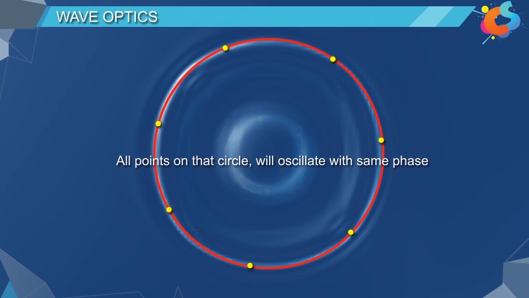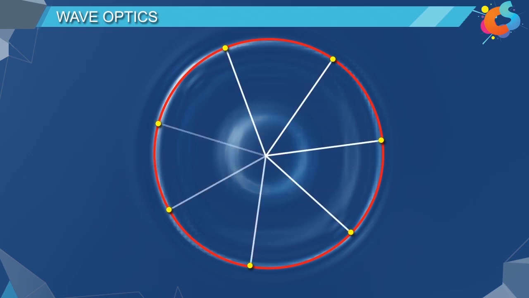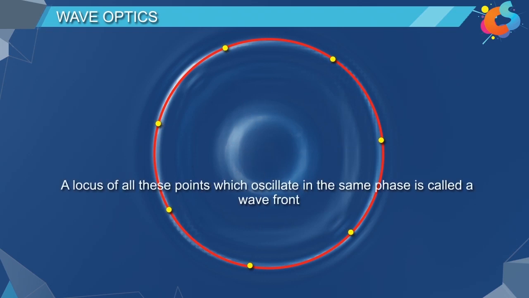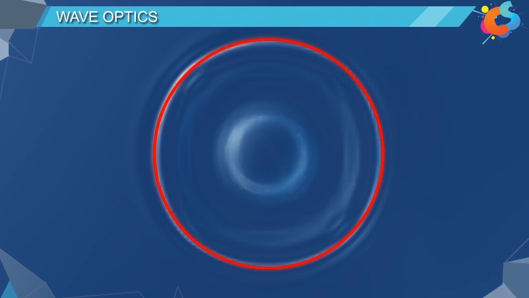This is because they are at the same distance from the point of impact. A locus of all these points which oscillate in the same phase is called a wavefront. The speed at which the wavefront moves outwards is called the speed of the wave.